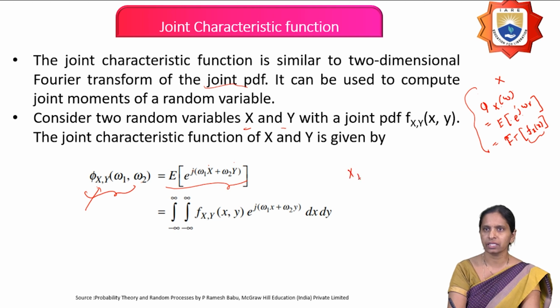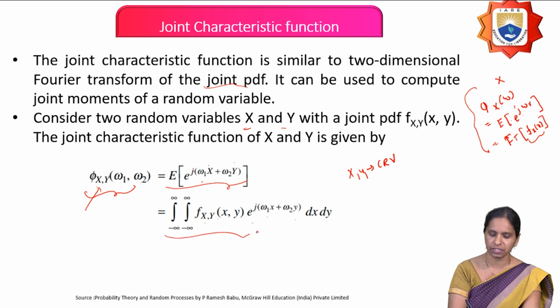Consider that x and y are continuous random variables. Then the expectation of e power j into omega 1 x plus omega 2 y is equal to, since you have two random variables, the double integration: integration x equals minus infinity to infinity, integration y equals minus infinity to infinity, f xy of x comma y into e power j omega 1 x plus omega 2 y dx dy. How are we writing this expression?